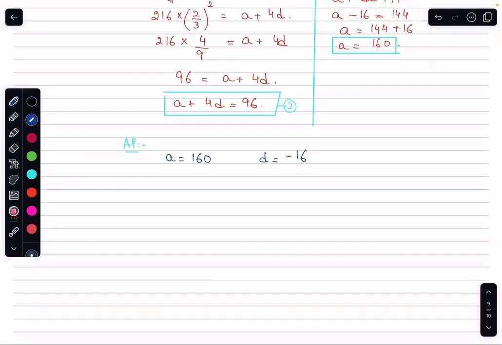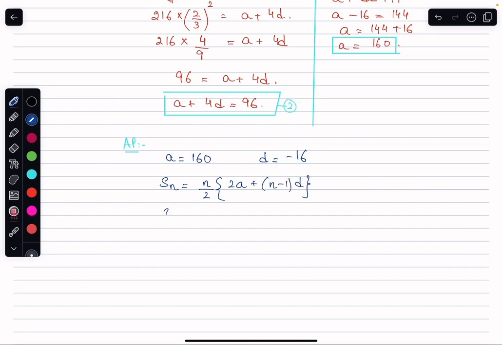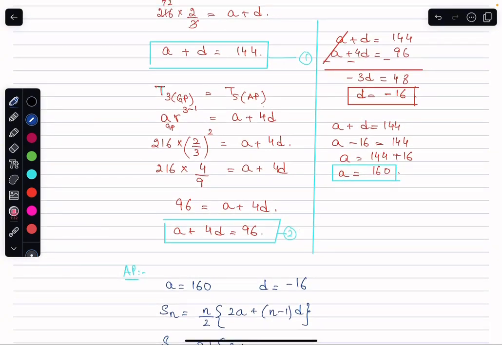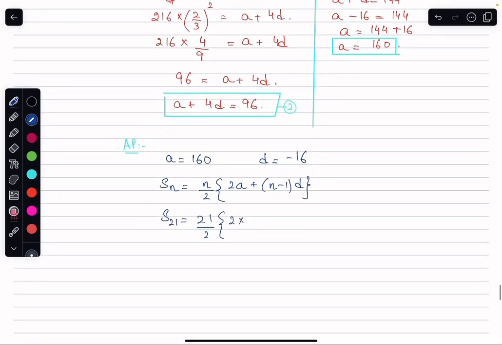We know the formula for the sum. It's Sn equals n by 2 times 2a plus n minus 1 times d. So the sum of the first 21 terms shall be equal to 21 divided by 2 times 2 into a. We have the a value, which is 160, and d value, which is negative 16.